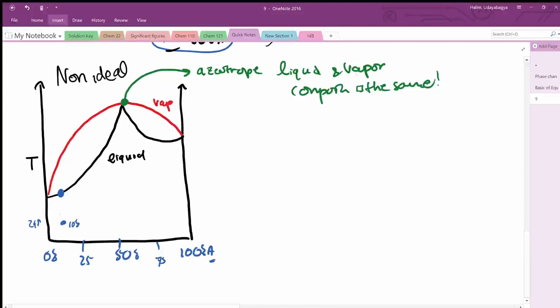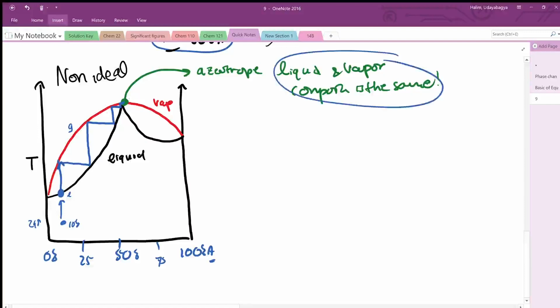What do I need to do to get distillation out of it? Well, what I would need to do is increase the temperature so it boils. So now all I'm going to do is boil my liquid from the liquid phase to the gas phase here. And then I'm going to do distillation, and I'm going to repeat the step several times. Now what happens is that if you have an azeotrope, you can see that I can't go beyond this point anymore. There's no more ladder step because the liquid and vapor composition is the same.